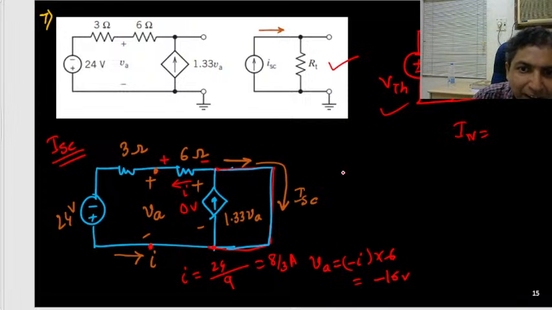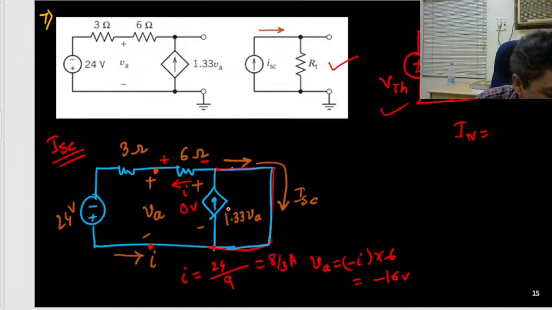Now you can find out ISC. As you said, VA is 16 volt, perfect, but you should keep the negative sign, because the polarity is given: this is plus, this is minus. Be careful about polarity. Exactly correct. So what is ISC?